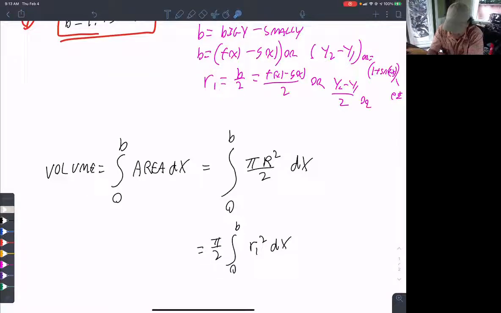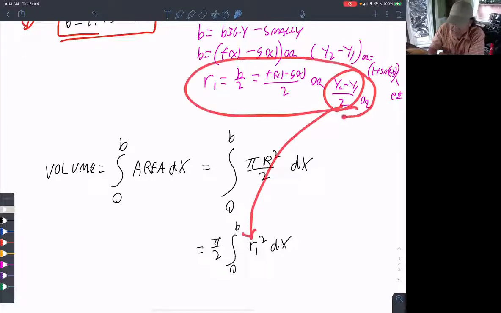Well, r1 is this. You could write that here, but you don't have to. Once you define r1 to be this, when you put r1 here, essentially you put that here. If you write this on your page, you don't have to replace r1 with this or this. They are all equivalent. You don't have to.